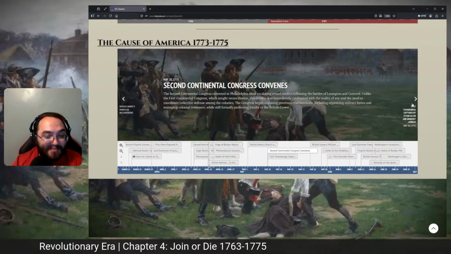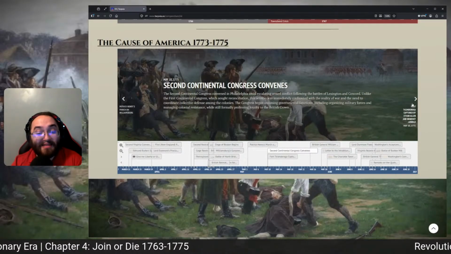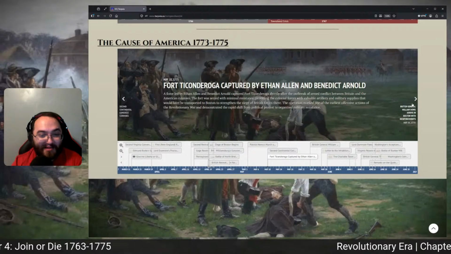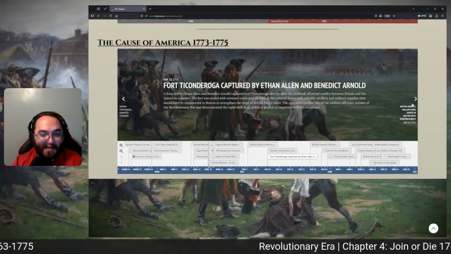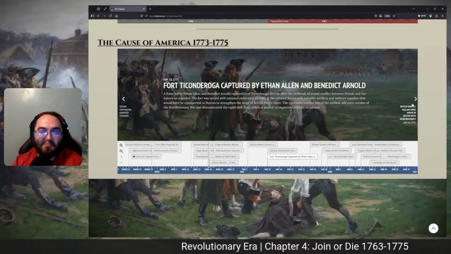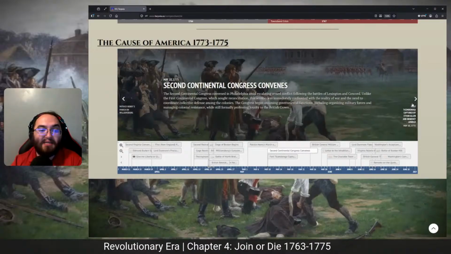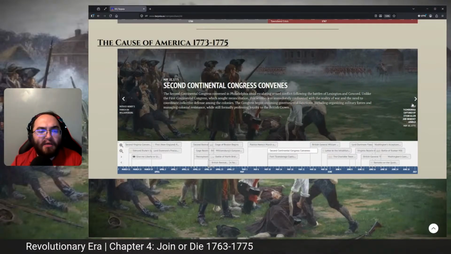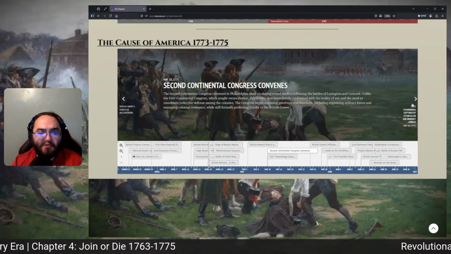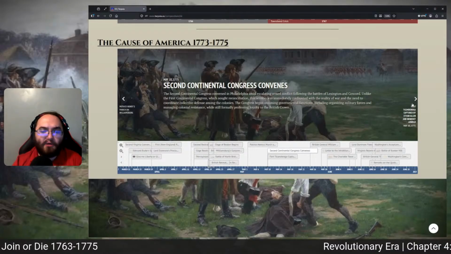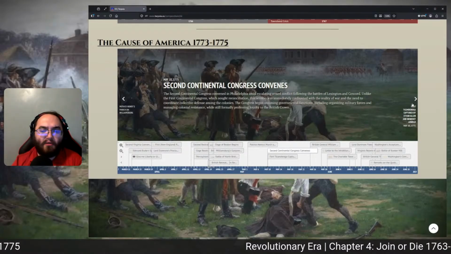And then the Second Continental Congress convenes, on the same day as Fort Ticonderoga being captured by Ethan Allen and Benedict Arnold on May 10th, 1775. The Second Continental Congress convened in Philly amid escalating armed conflict following the battles of Lexington and Concord.